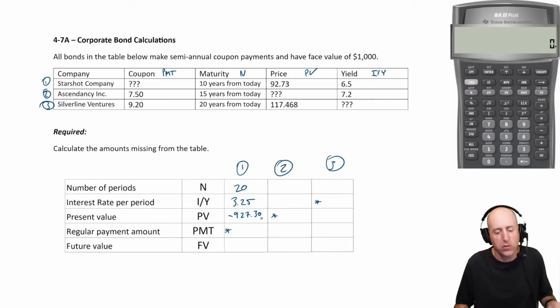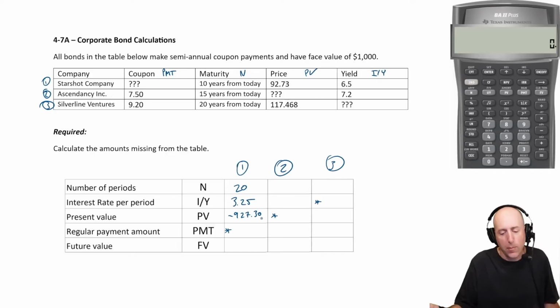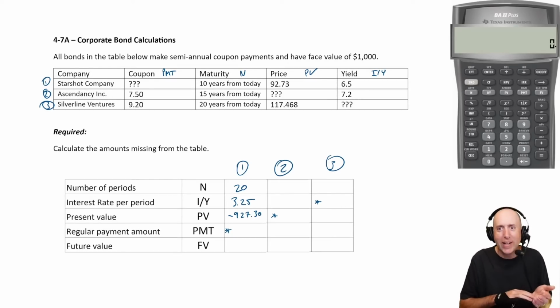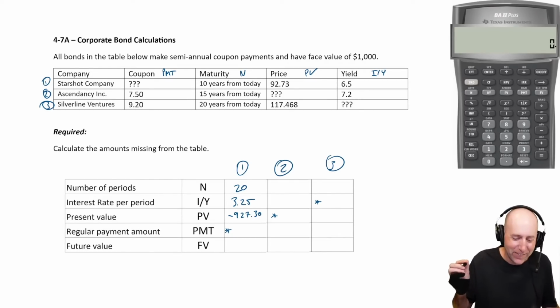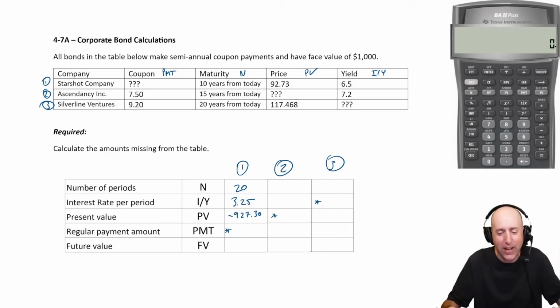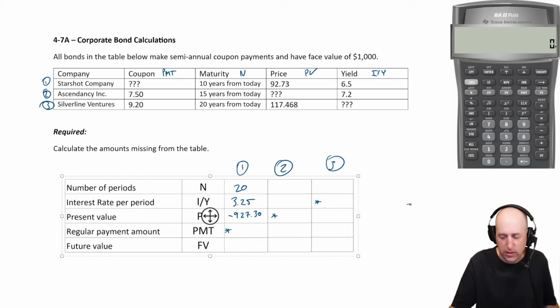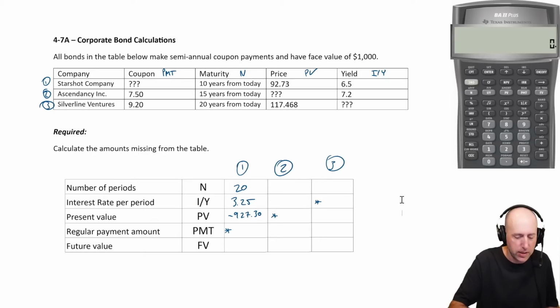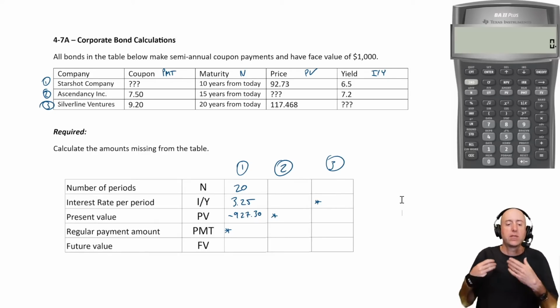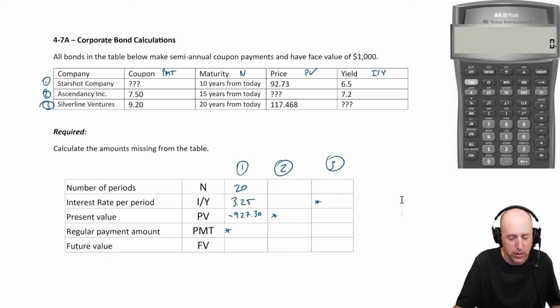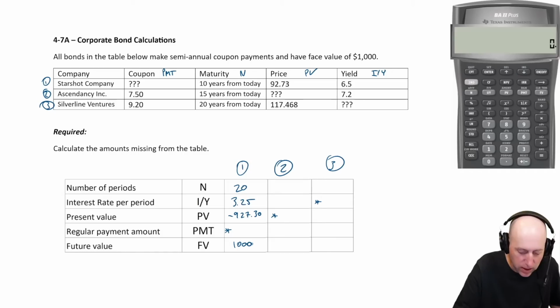I put it in as a negative because it's a negative cash flow. You're buying a bond. So the PMT will come out as a positive, that's the positive cash flow from the bond. And the FV also will come out as a positive. That's the lump sum coming back to you at the end, and the lump sum at the end here is $1,000.